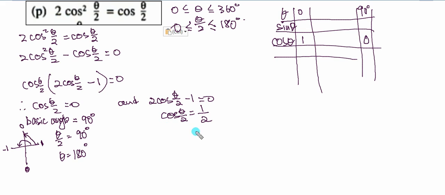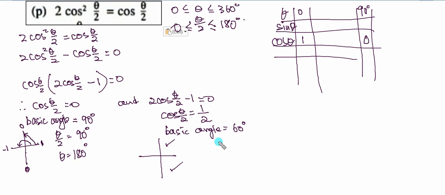Okay, now what about this? Basic angle, half, is actually cosine theta over 2 equal to half, which is 60 degree. Now, remember this is positive half, so only this quadrant and this quadrant.